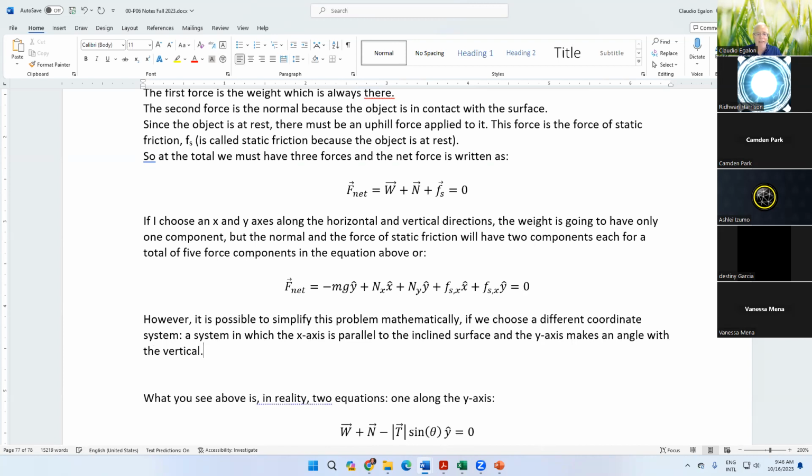And we usually do that. If we do that, instead of having 5 components to the forces, we will have only 1, 2, 3, 4, only 4 components. Okay?